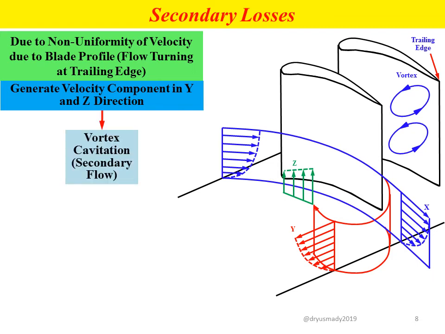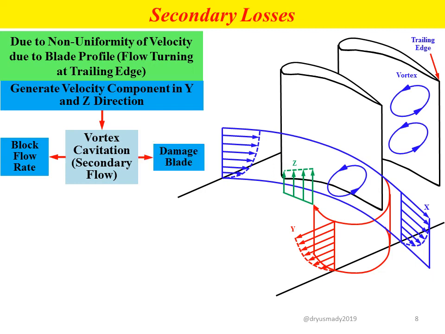Okay, this phenomenon we call vortex cavitation, where the mechanism will cause the secondary flow as shown in the figure. This vortex cavitation or secondary flow will block the flow rate of the fluid, and also will cause damage to the rotor blade due to vibration and so on.